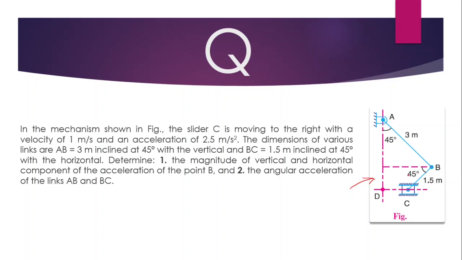That motion is a constrained motion. The length of link AB is equal to 3 meter and the length of link BC is equal to 1.5 meter. We have to find out the magnitude of the vertical and horizontal component of the acceleration of the point B.